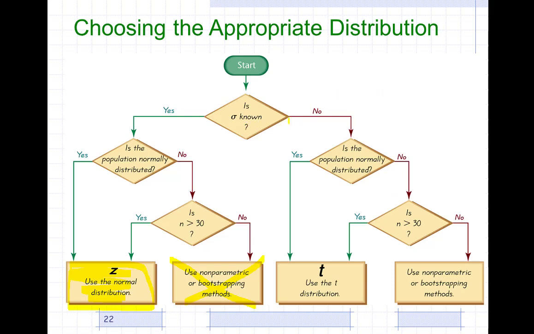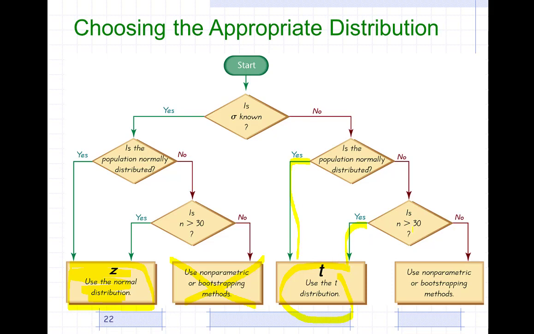If we don't know sigma and the population is normally distributed, then we're going to go right here to our t distribution. And we'll do the same thing if the population isn't normally distributed but we have more than 30. So again, that will go right to our t distribution.